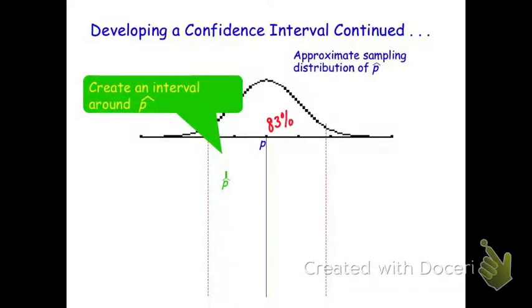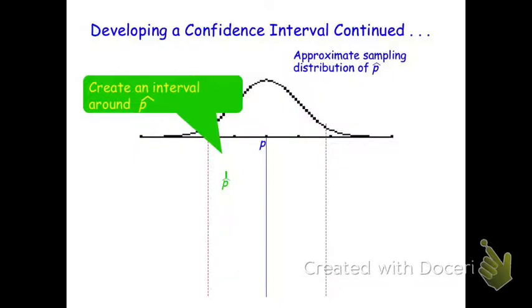I took a sample of 100 students at PCA and I got 76%. Then I create a 95% confidence interval around that. I go up 1.96 standard deviations, I go down 1.96 standard deviations.